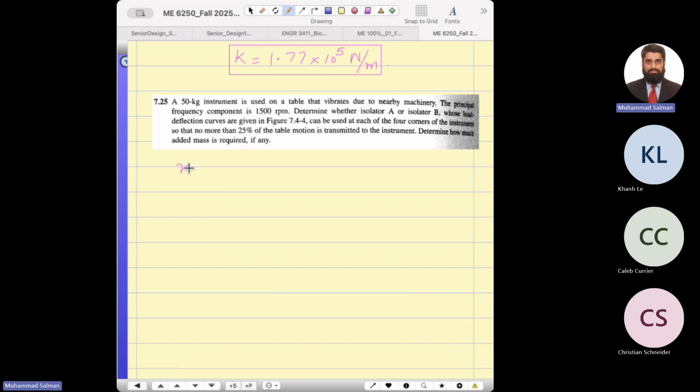It says the mass of an instrument is 50 kg, used on a table that vibrates due to the nearby. So this is like a table, and let me see, the mass is moving with a y displacement, this is moving with an x displacement. And now let us see the principal frequency component is n.